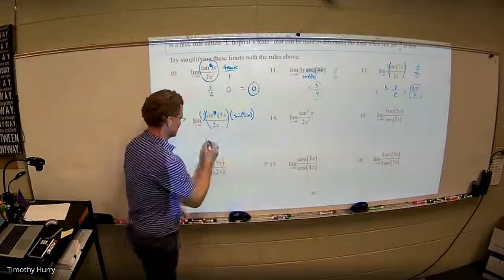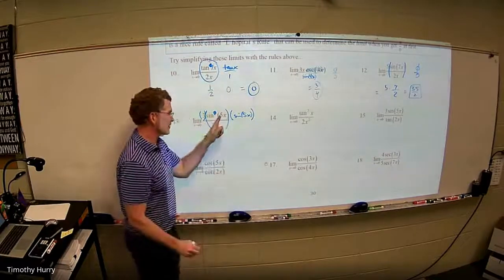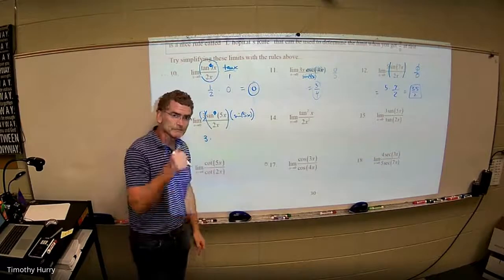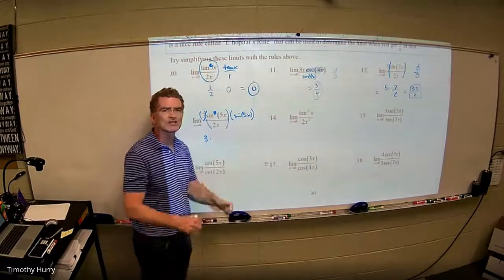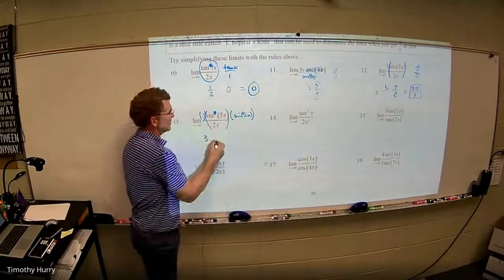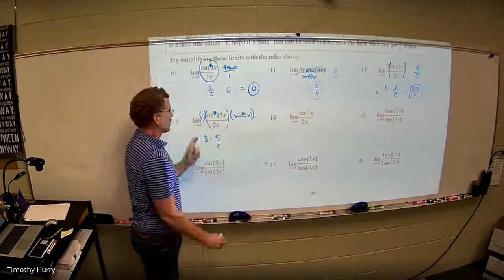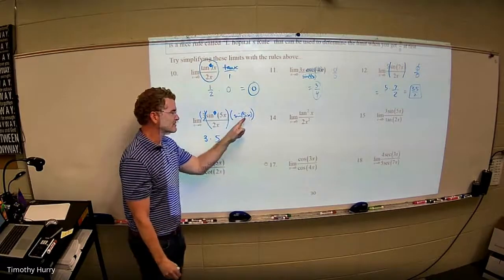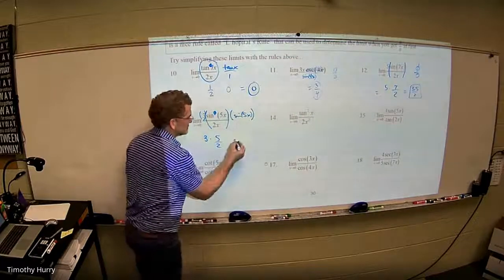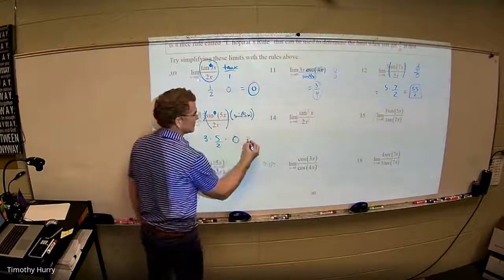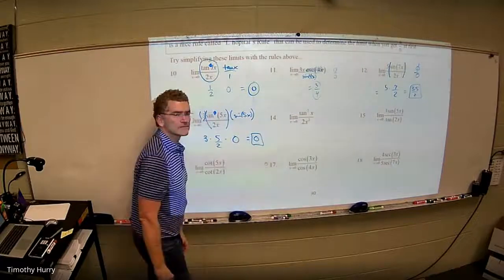No. Limit's 3. When I plug a 0 in there, do I get 0 over 0? Yes. Is it a trig something of something x over something x? Yes. 5/2. When I plug a 0 in there, I get 5 times 0 is 0. Sine of 0 is 0. That's an answer. 0. Multiply them all together, your limit is 0.